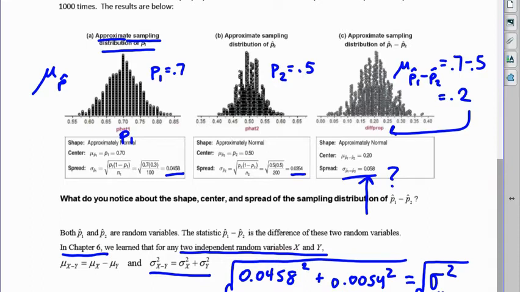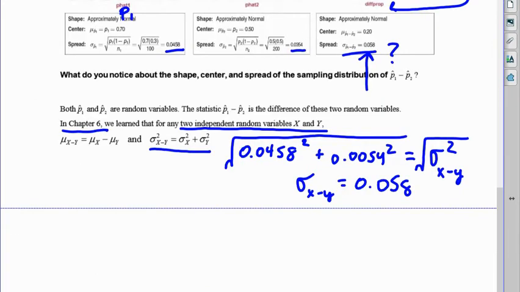And probably instead of using X and Y, it would have been better to write my notation to look like this, because really I'm working with populations, and I've defined them as P sub 1 and P sub 2 for this situation.